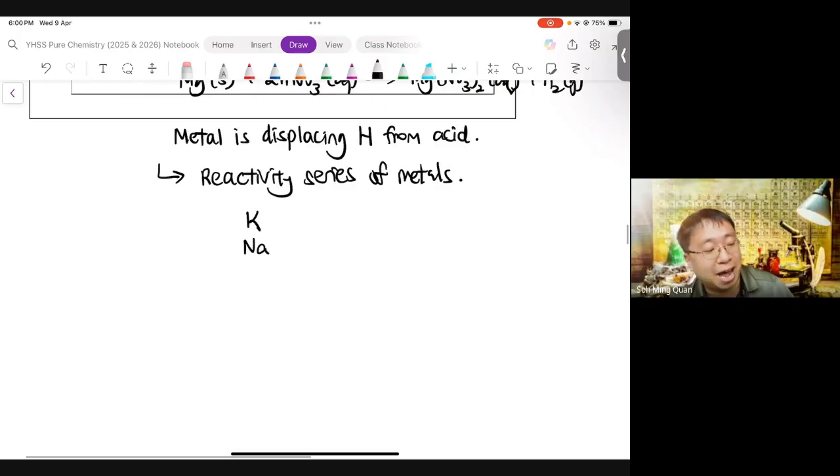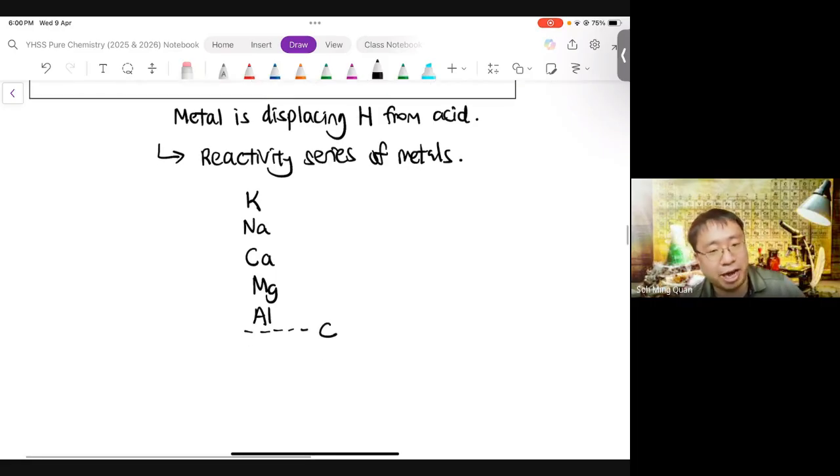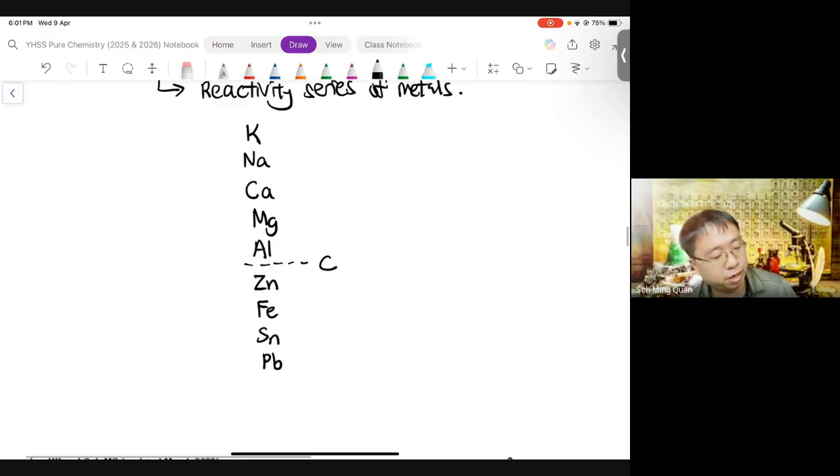I'm using their chemical symbols. Hopefully, you can recognize their chemical symbols. Okay, there's a dot, dot, dot. Use a dotted line to put carbon there. Dot, dot, dot.